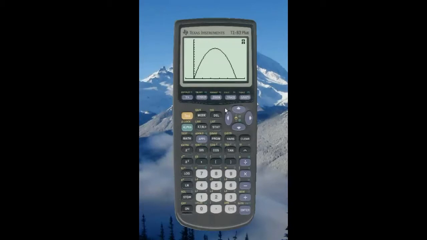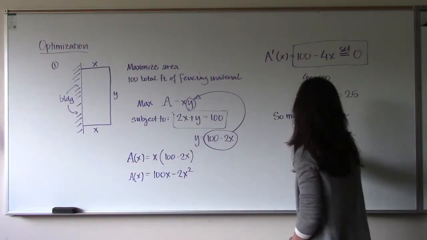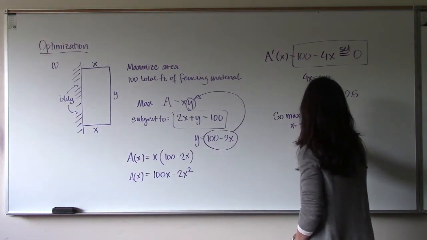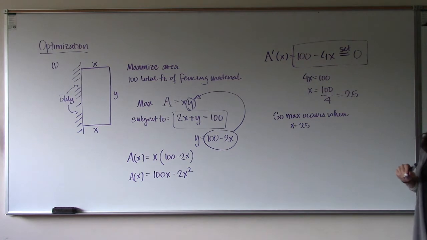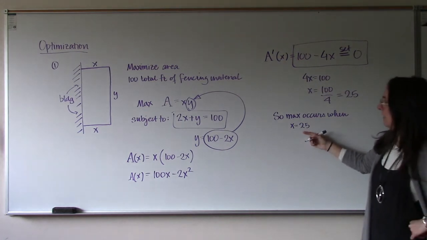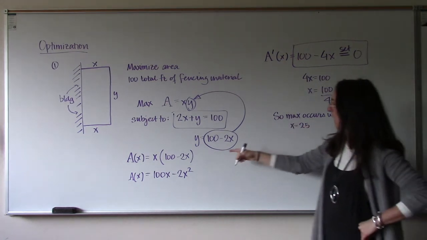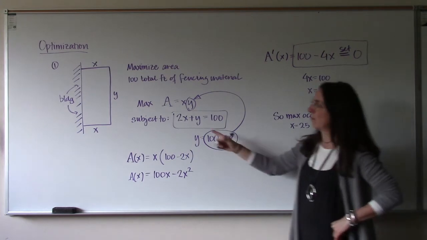And if we want to see the place where x is equal to 25, if we just go to value, then we see that we really are at the maximum point. So the max occurs when x is equal to 25. What is y when x is equal to 25? Well, go back here and find a relationship between them, or you could look at the picture.